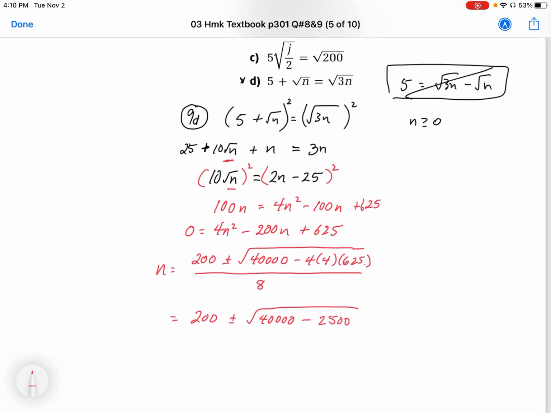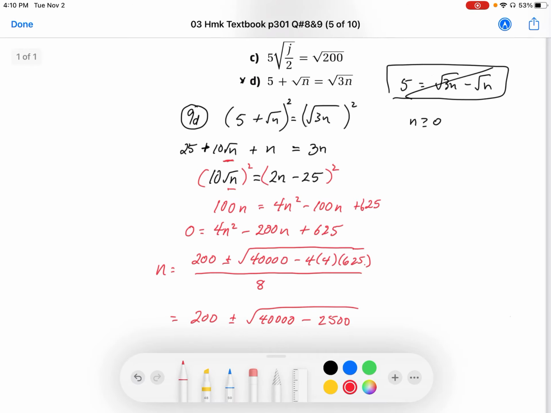Oh, sorry, that's going to be 10,000. My math is getting bad here. So this is going to work out to be 10,000. Okay, so there we go.